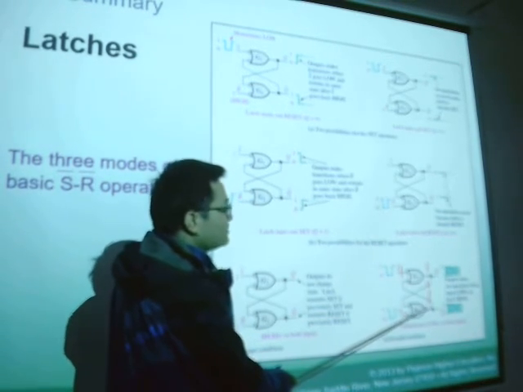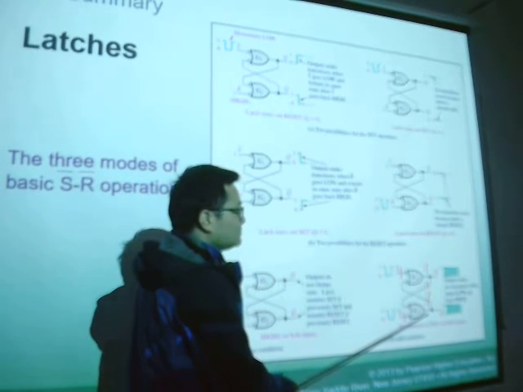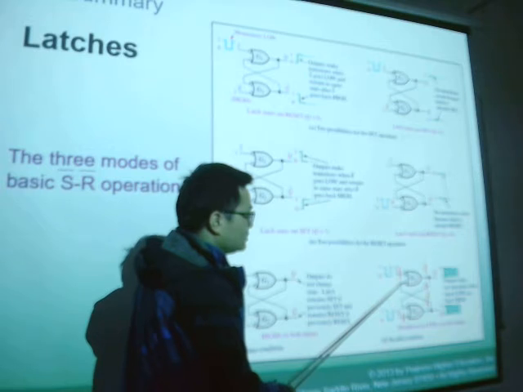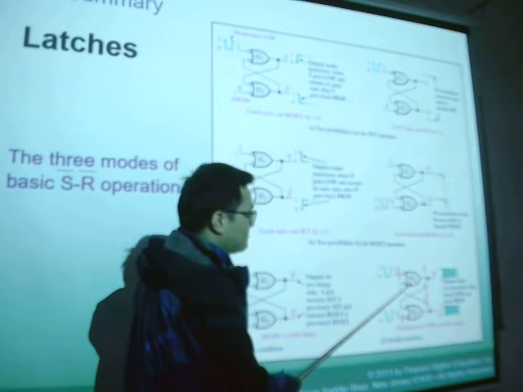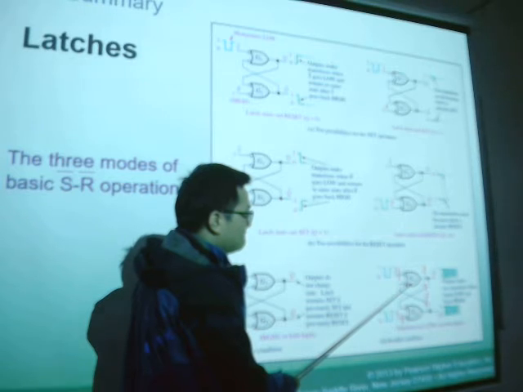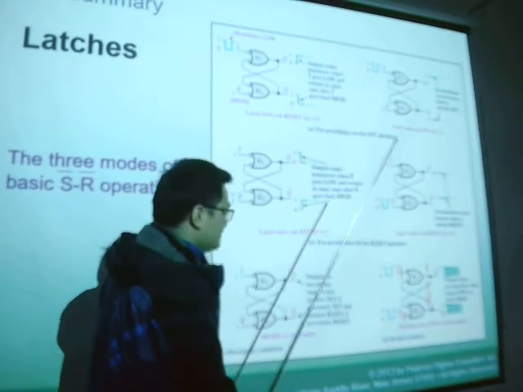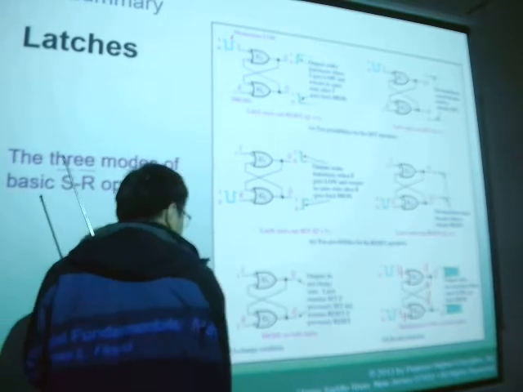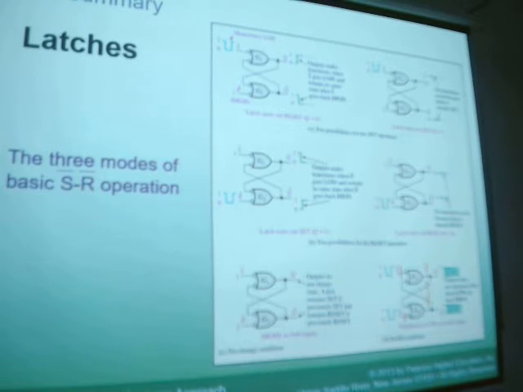So Q bar will be changed from 1 to 0. Then Q equals 1 and Q bar equals 0.